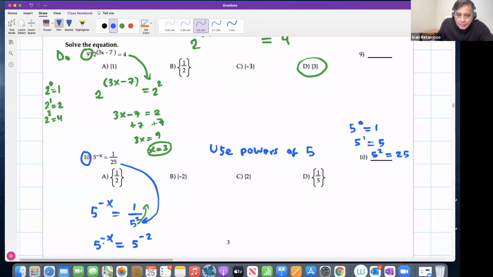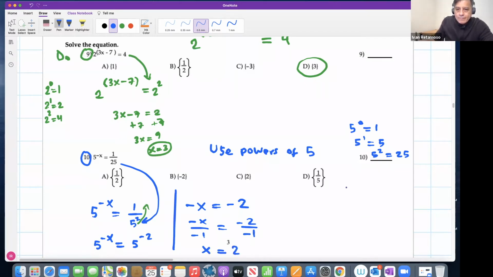So we forget about the bases. We set the exponents equal to each other, like this. And then dividing both sides of this equation by the invisible one here, minus 1: minus 1 times minus x is just x, and minus 1 times negative 2 is 2. So we're talking about this. Excellent, very good, guys.